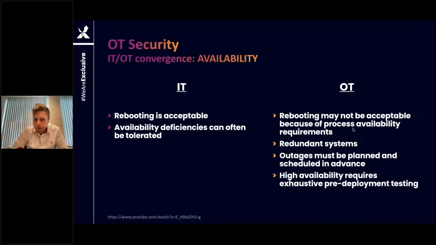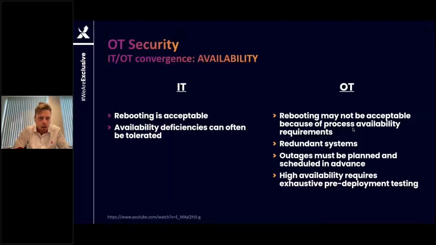If we have a look at availability, we've already said it. Availability is key with OT. With IT, all right, we don't like to reboot our laptops if an update must be done, but if it's like that, all right, we can live with it. The same with servers.